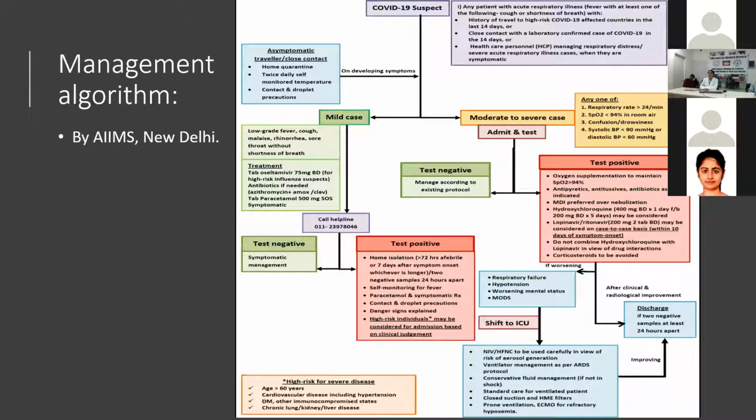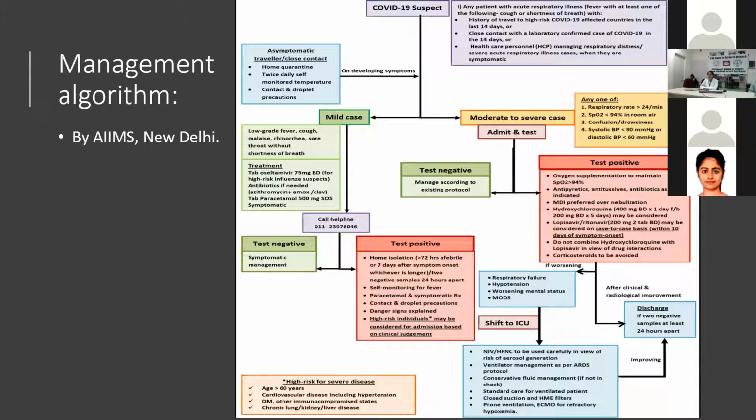If there is an asymptomatic traveler or a close contact as well, the patient should be home quarantined, and twice daily self-monitoring of temperature should be assigned to that person, and contact and droplet precautions should be taken.